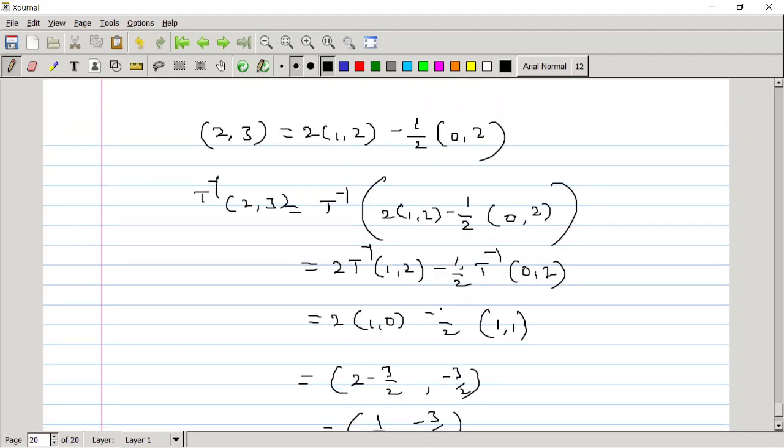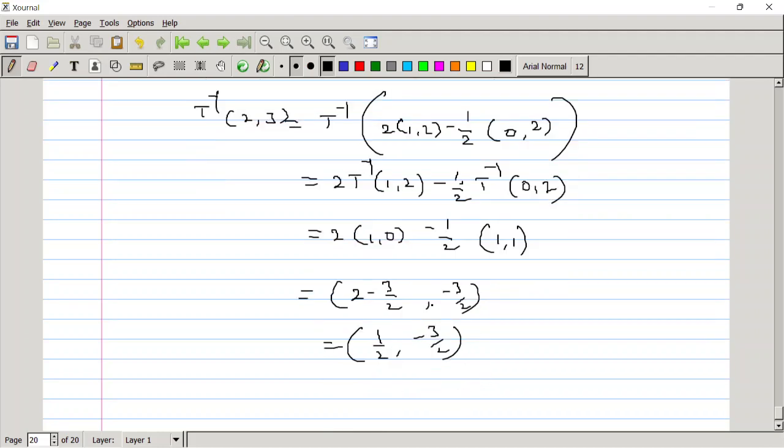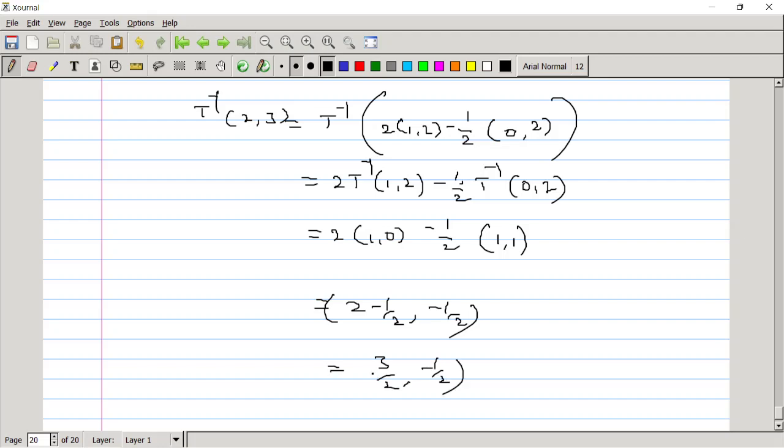By the calculations we have 2 minus half, and this is minus half. This is equal to 3 by 2 comma minus half.